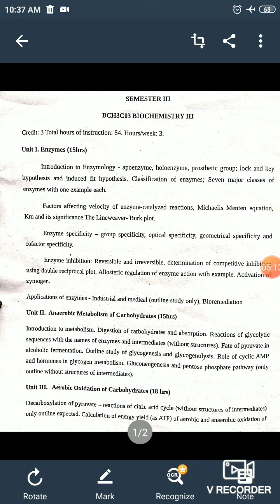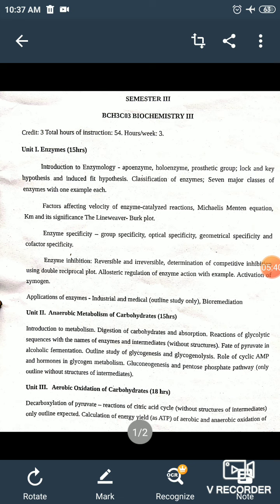So in the second unit, which is the anaerobic metabolism of carbohydrates, these metabolic processes don't require any oxygen. So these metabolic steps will happen in the absence and in the presence of oxygen. So it's an anaerobic metabolic process, which includes the glycolytic pathway.